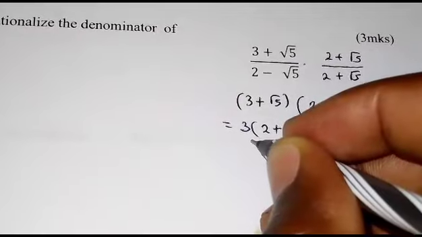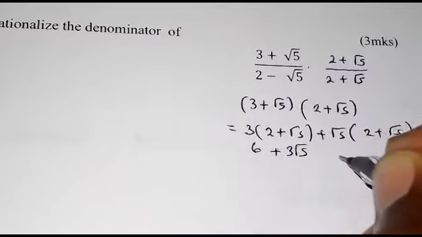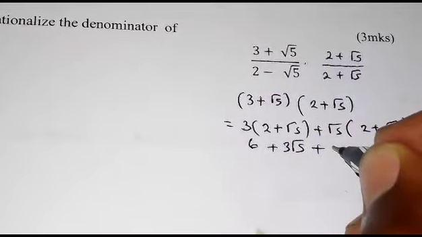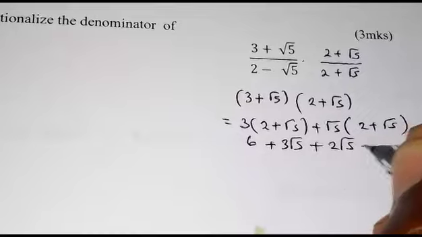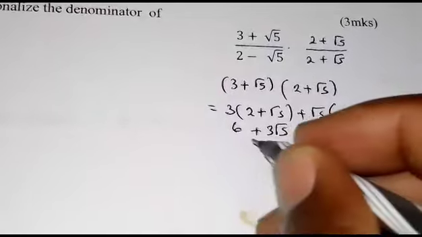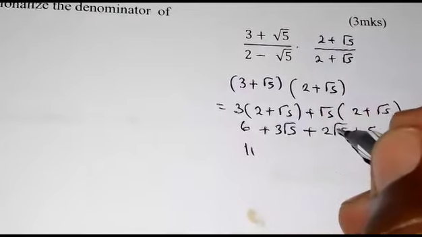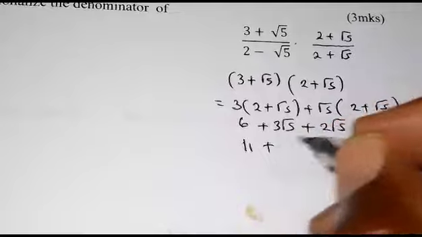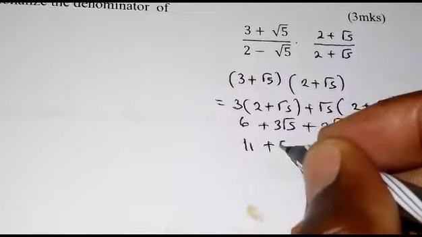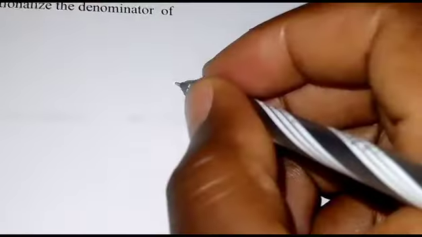We have 3 times 2, 6, 3 times root 5, 3 root 5, plus 2 root 5, plus root 5 times root 5, that's 5. Okay, so 6 plus 5, you get 11. Then 3 root 5 plus 2 root 5, that is 5 root 5. So that checks, that's the numerator.